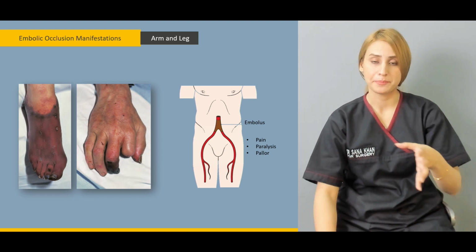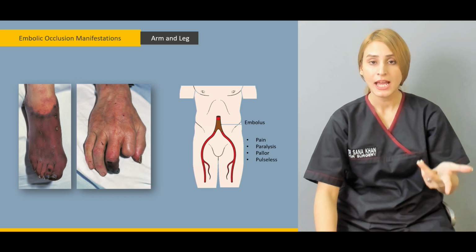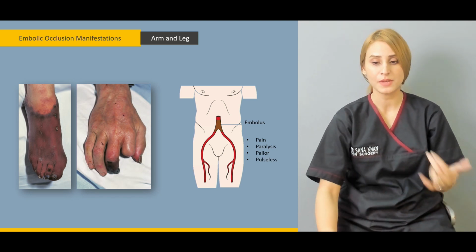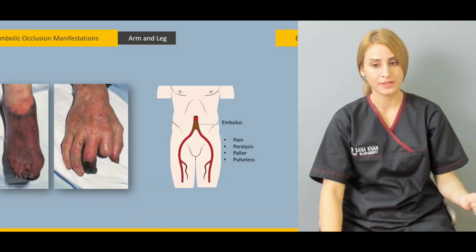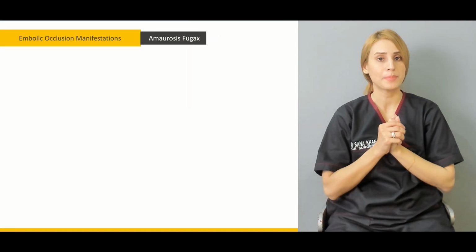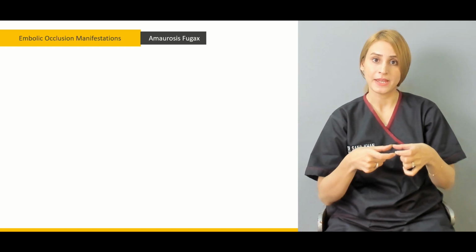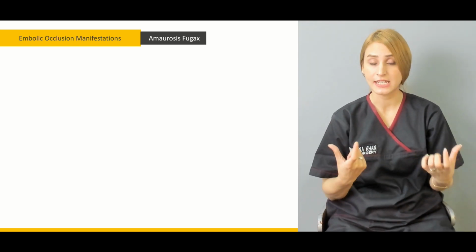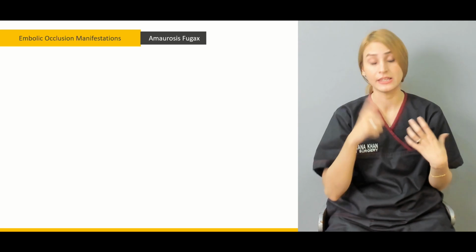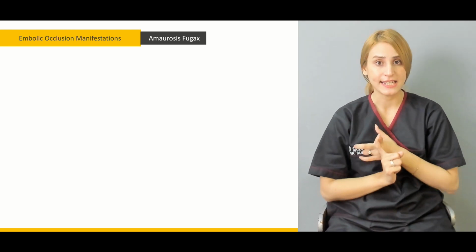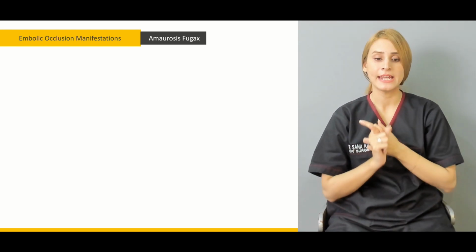Then pallor because of no blood supply, pulselessness because of no blood supply, and paraesthesia because the small vasculature supplying the nerves is also affected, so because of that neuropathy there is paraesthesia and numbness. So: pain, pulselessness, paraesthesia, pallor, and paralysis.